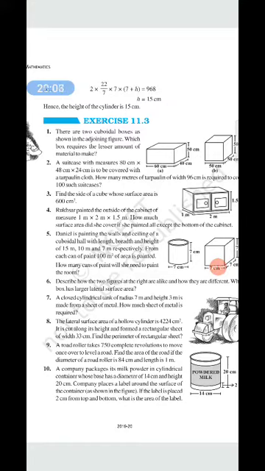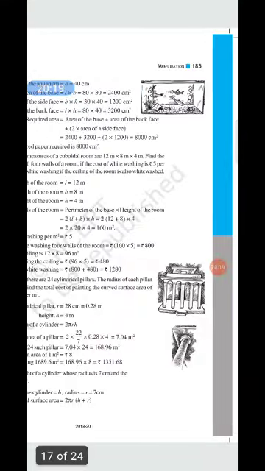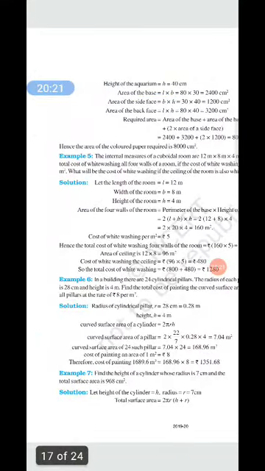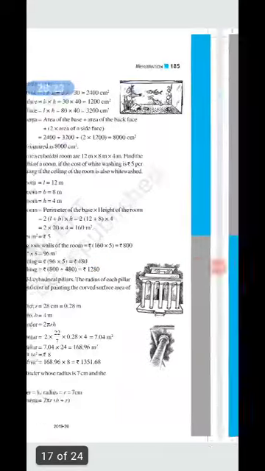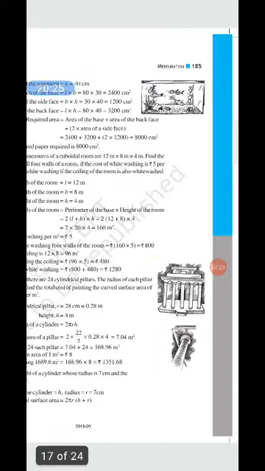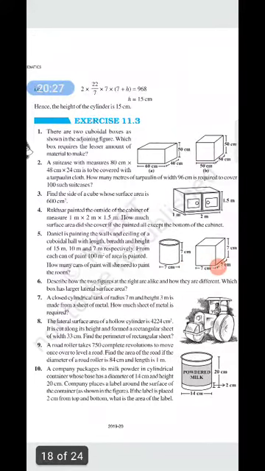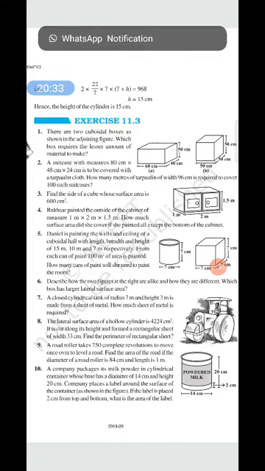Just above exercise 11.3, look at the cylinder area formula. Let's see on this page, Example 7. You can easily calculate the same thing. So question numbers 5, 6 and 7 are your homework.